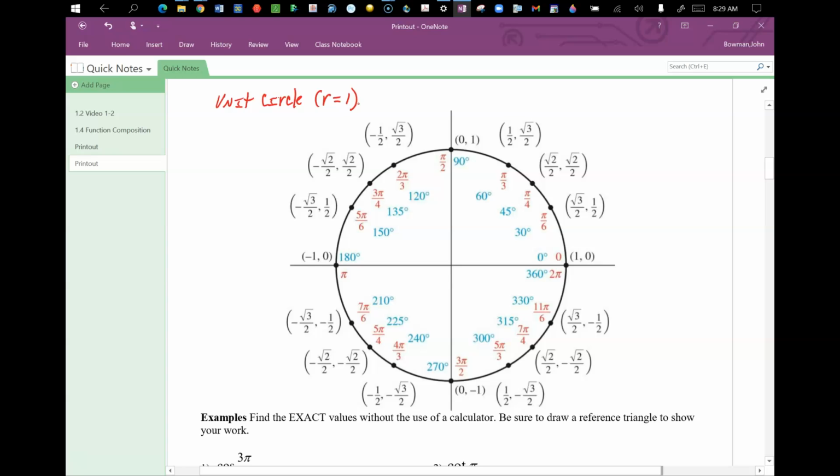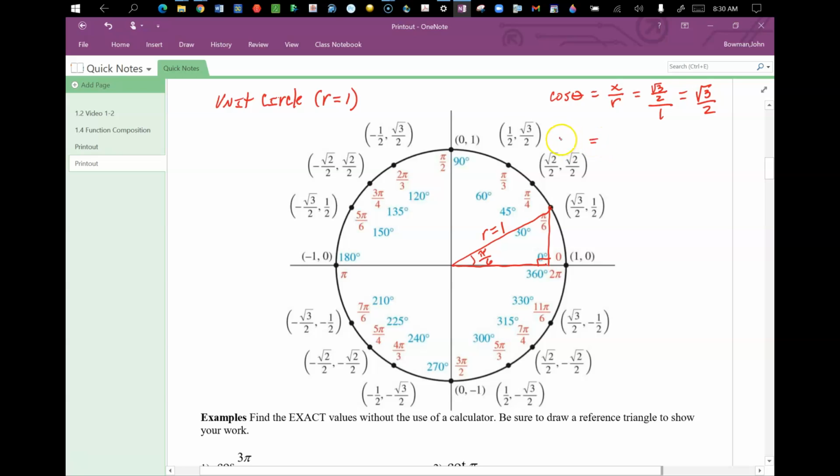So, for example, if we were going to find the cosine of an angle, let's just pick a random angle here. Let's say pi over 6. We're going to make our reference triangle. Our angle here is pi over 6, or 30 degrees. R, the hypotenuse, is going to be 1. The cosine is defined as x over r, which in this case would be root 3 over 2 divided by 1, which is root 3 over 2.